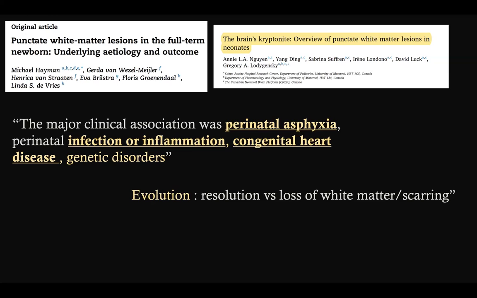And this is actually consistent with the histology, that there are either hemorrhagic infarctions or gliotic ischemias, gliotic areas. So we do expect some scarring, and we can have some consequences in the neurological development of the child, depending on the location and the number, as I said.